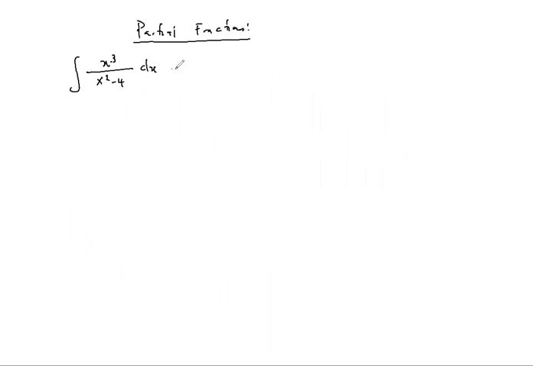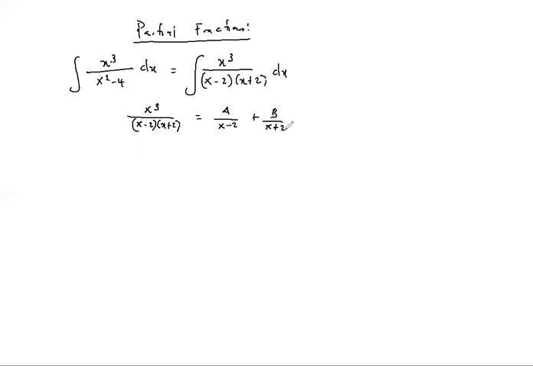I want to integrate this. Okay. So I'll say x cubed over x minus 2, x plus 2 dx. From there, I will leave the integral first. I will deal with this part first. I solve it into partial fractions. Then I multiply by x minus 2, x plus 2.